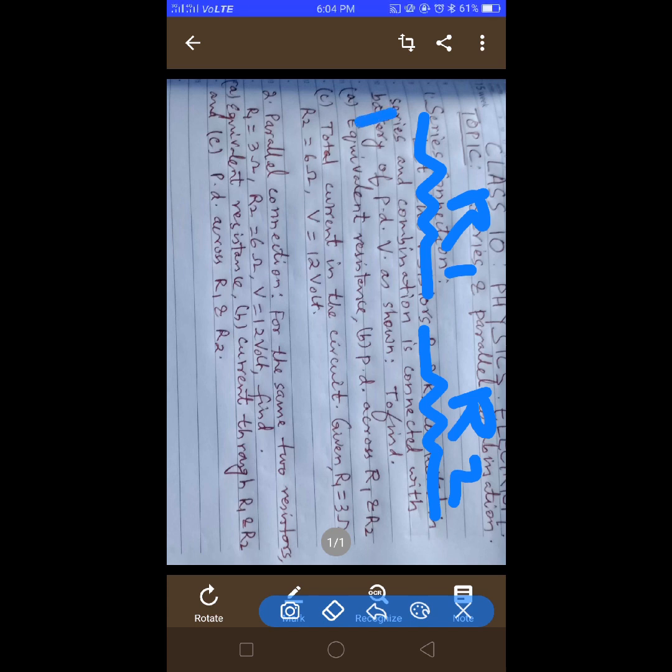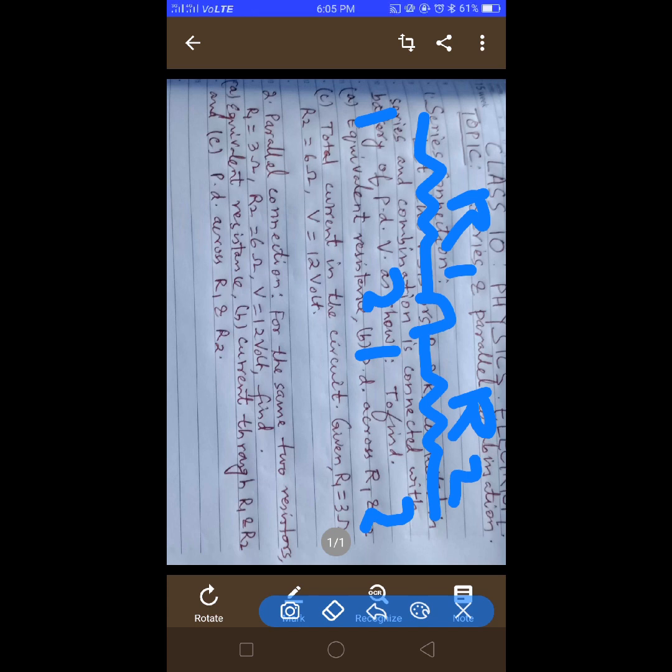One end I put here 1, and for R1 I put here 2, and for R2 again 1, and here is 2. So join this 2 with 1, that is end terminal of R1 is joined with the start terminal of R2, and this will be in series.